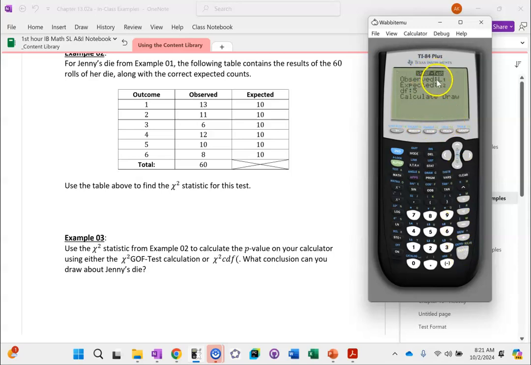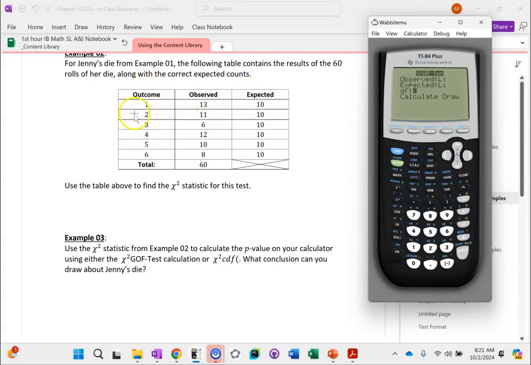There it is. I need my observed counts, which were in L1. I need my expected counts, which I put in L2. And I need my degrees of freedom. How did I calculate that again?